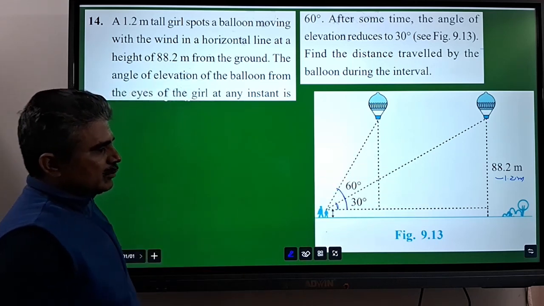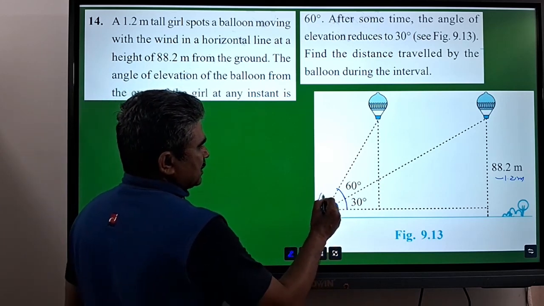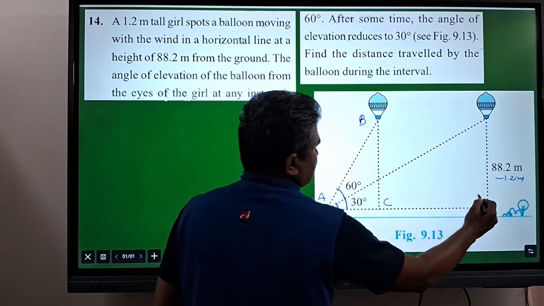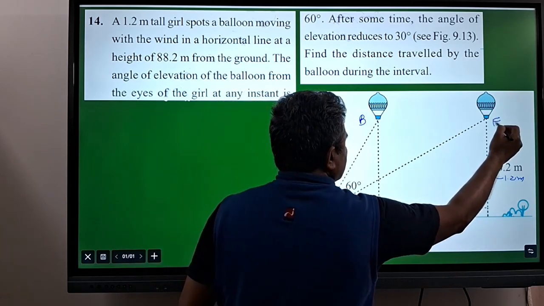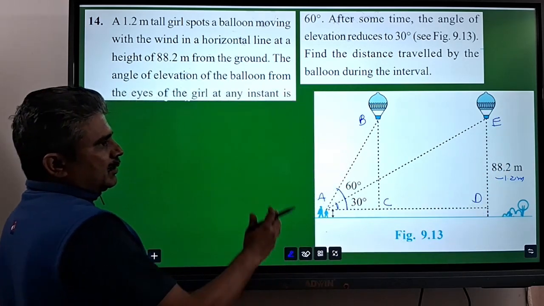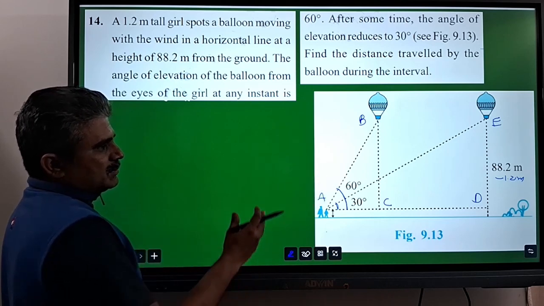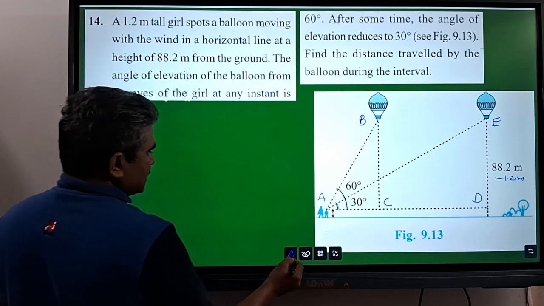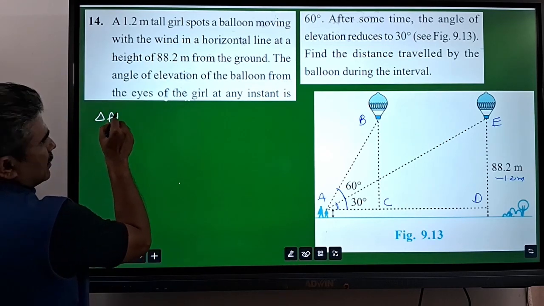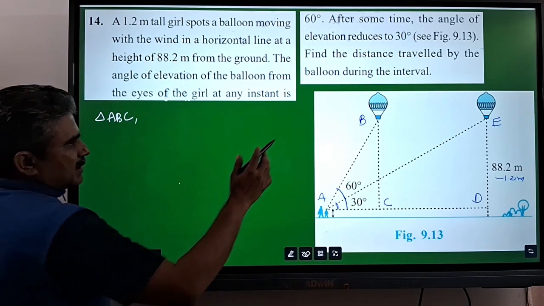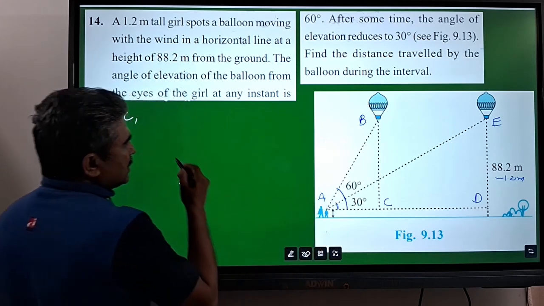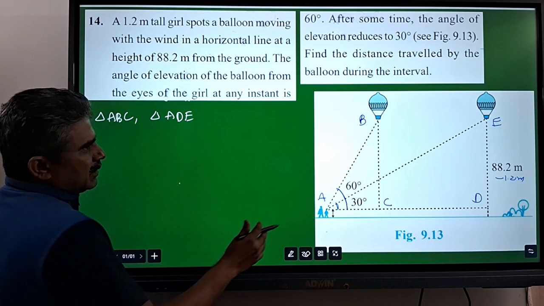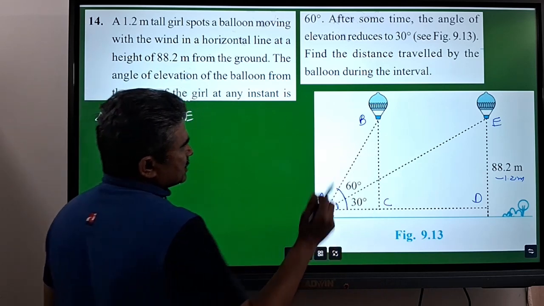So in this I want to name the points A, B, C, D and E. Here I can see two triangles with elevated angles 60 degrees and 30 degrees. So first notice the triangles. Triangle ABC contains an elevated angle of 60 degrees, and the triangle ADE is another triangle which contains the elevated angle 30 degrees.